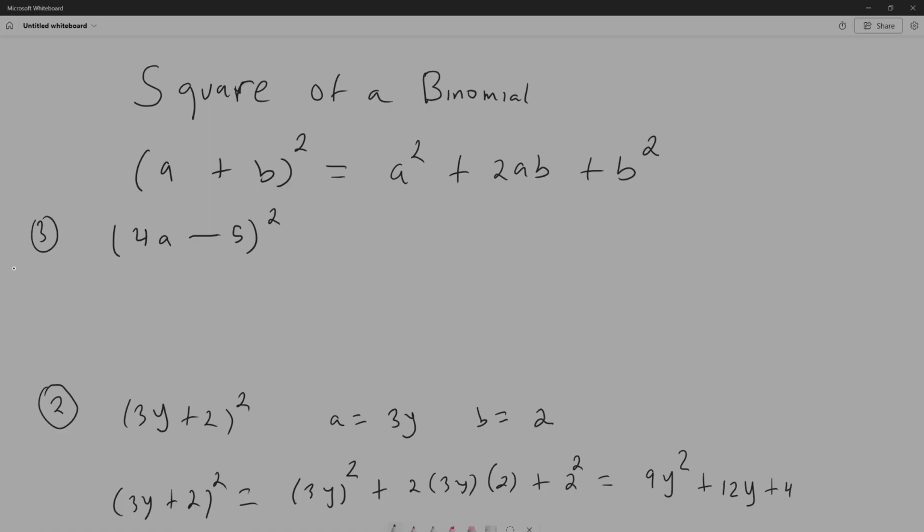So let's go to exercise number 3. It says that 4a minus 5, we're going to square it. So we're going to identify a. So a is going to be equal to 4a and b is equal to negative 5 in this case. So don't confuse this a here. Just notice that a in reality is going to be the whole thing, 4a.